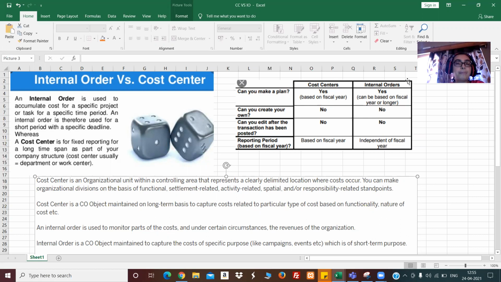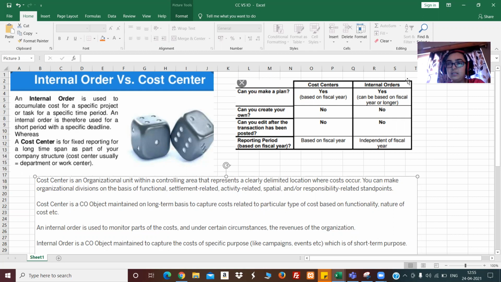Next, a cost center collects costs for a long period of time, starting from the date when a cost center is created. Since then it starts capturing the costs and goes on and on till the validity expires.